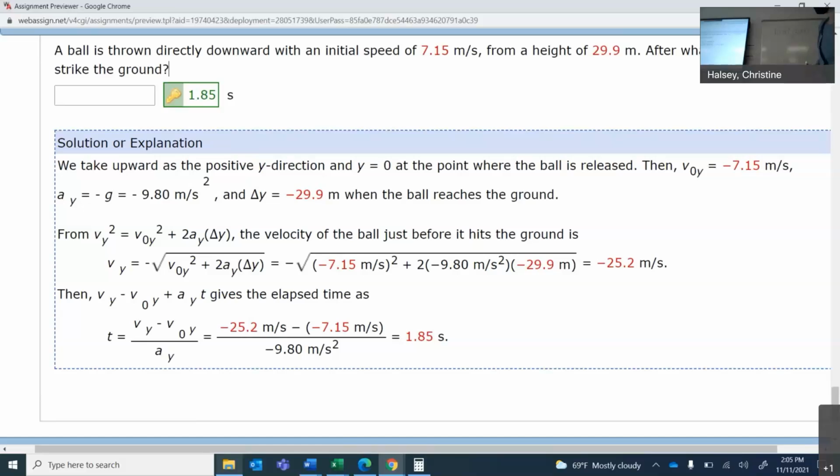Plus 2 times 9.8, that does not get squared. The square is in the units. So you square the initial velocity, you do not square the 9.8.